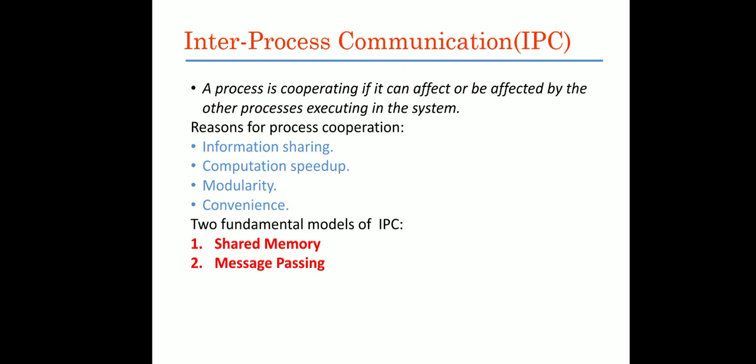Next important concept is inter-process communication. For any computer system, within a system or outside the system, there should be proper communication. Communication means exchanging of information. A process is cooperative if it can affect or be affected by the other processes executing in the system.